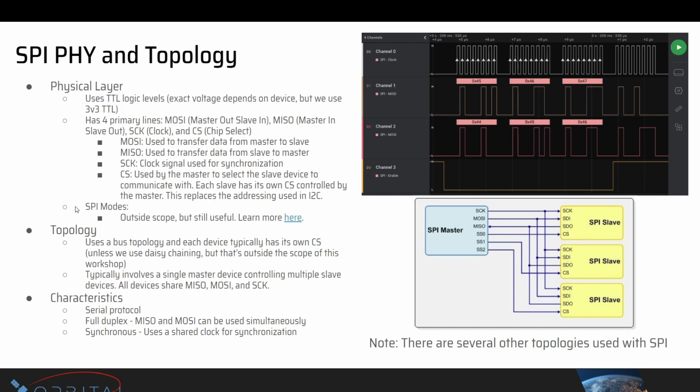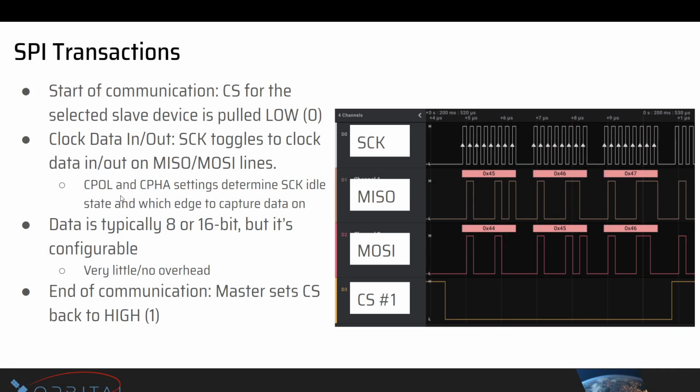Okay, I forgot to mention this. There are different SPI modes which you can look into, and that has to do with the CPOL and CPHA settings. In the data sheet, it will say what the clock should be idling at, and that tells you what to set CPOL to. Also, remember how I mentioned the transmitter would want to change data on one specific edge of the clock cycle, and the receiver would want to sample the data on another edge.